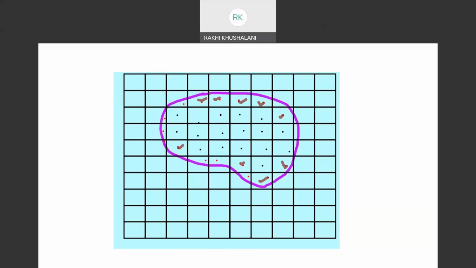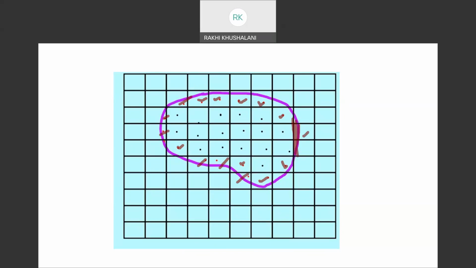The dots that are half or less than half are 1, 2, 3, 4, 5, 6. These two, if we don't consider, it's okay, or maximum we can consider this one.